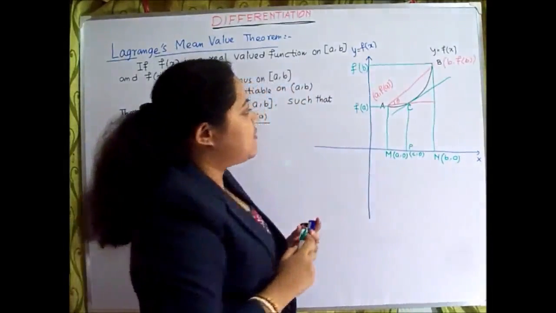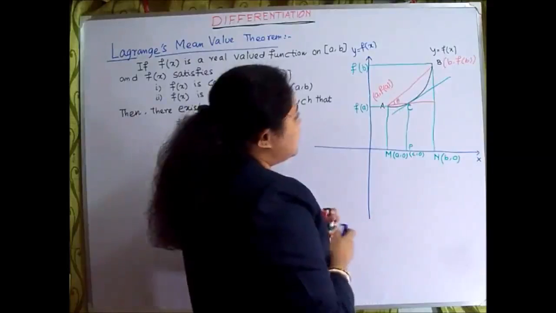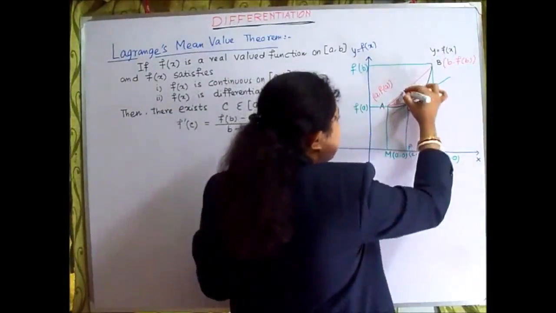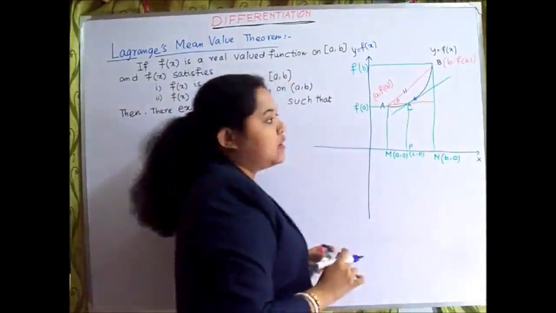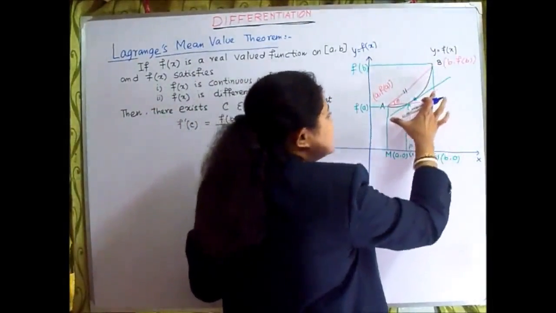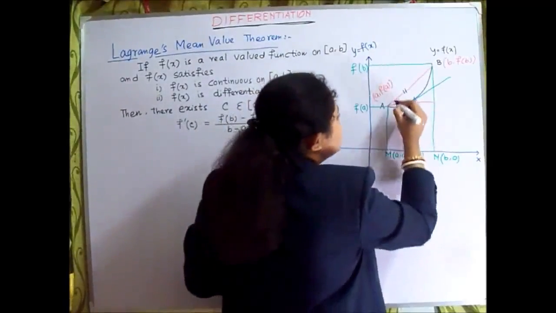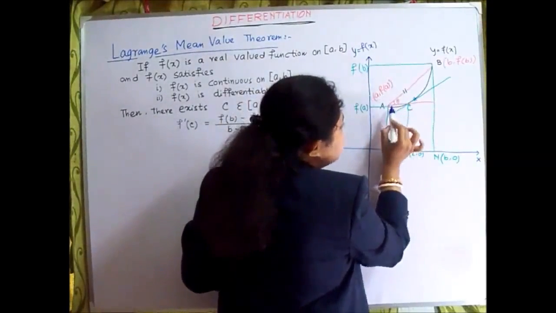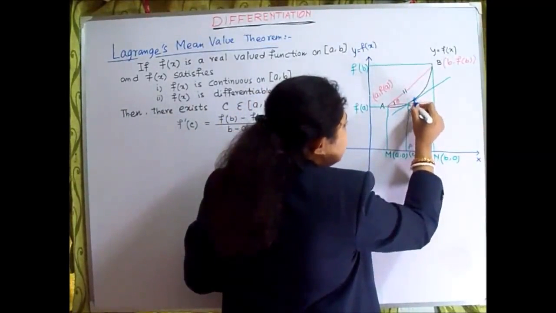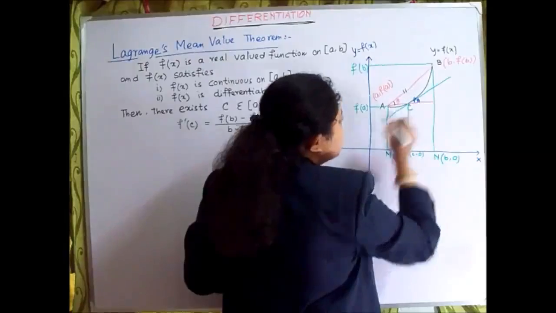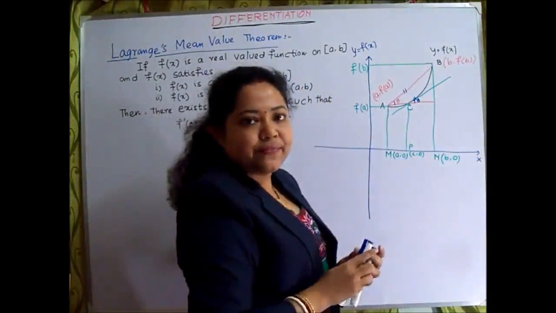If this point is equal to C, look that these two lines are parallel, right? This chord AB and this tangent at C are parallel, right? So if we say that this angle is theta, we can write this angle is also theta, because these are corresponding angles, right?